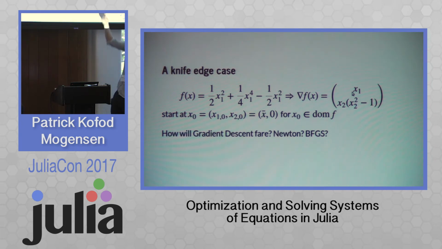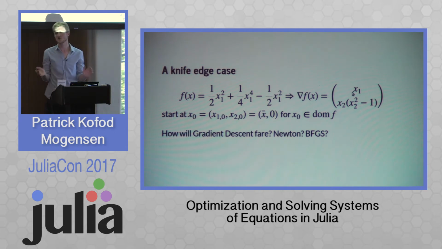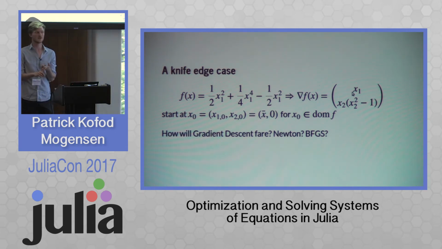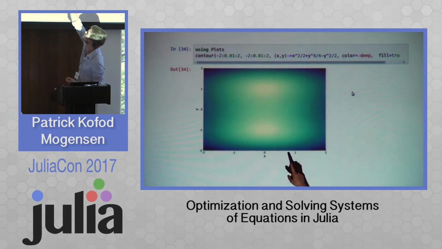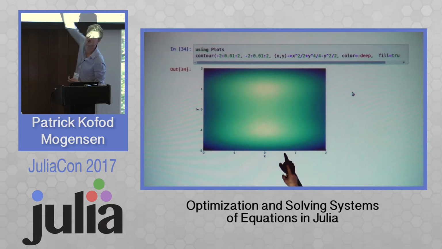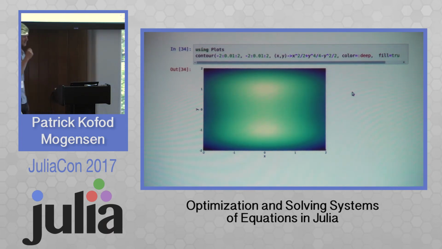Then the second element of the gradient, x2 times (x1 squared minus 1), is going to be 0, right? And then, no matter what line search algorithm we use, gradient descent, LBFGS, BFGS, Newton's method, they will all just converge to a point that is not a minimizer. They will all converge to the middle of the two butt cheeks.